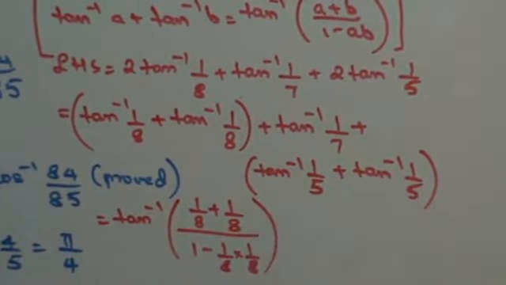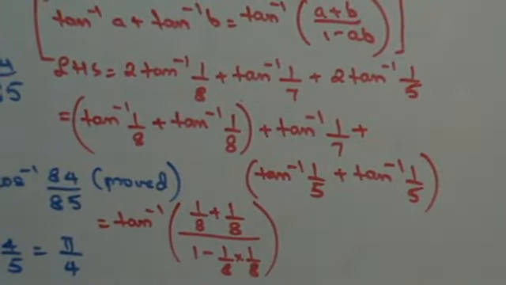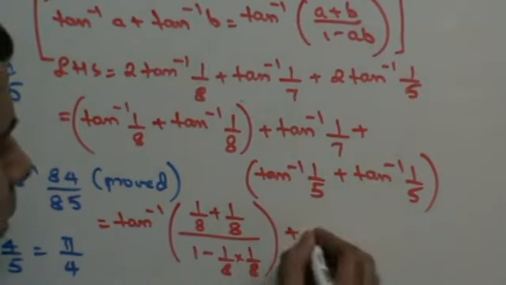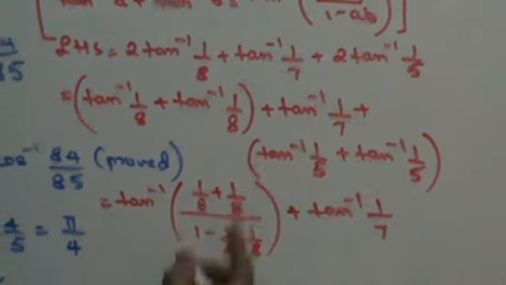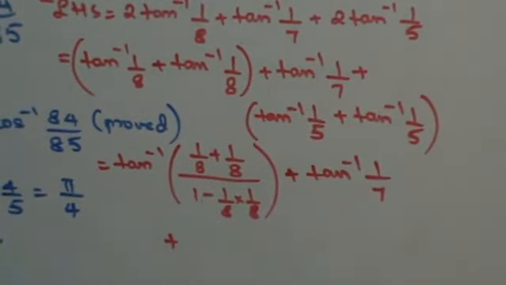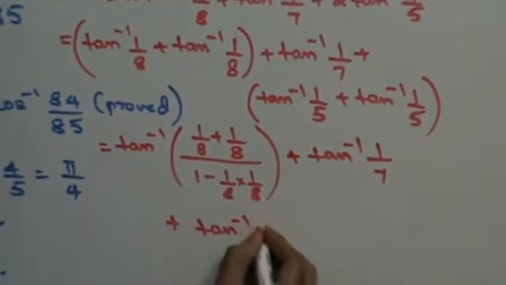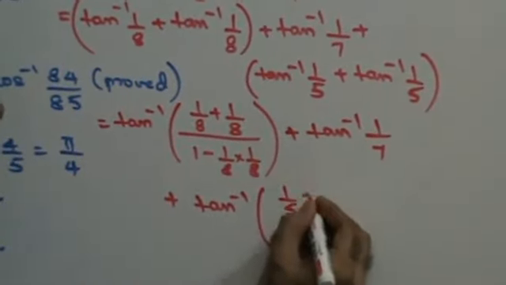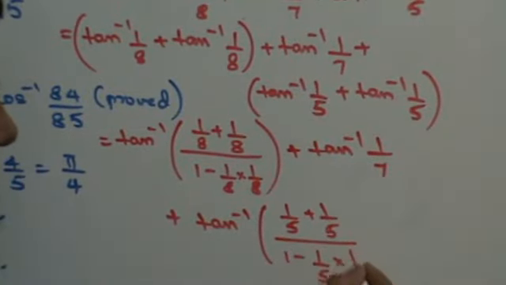The first bracket I am expanding by using the formula: tan inverse of A plus tan inverse of B is tan inverse of A plus B upon 1 minus AB, plus tan inverse of 1 by 7 plus, again I am going to use this formula. Tan inverse of A plus tan inverse of B is tan inverse of A plus B upon 1 minus AB.